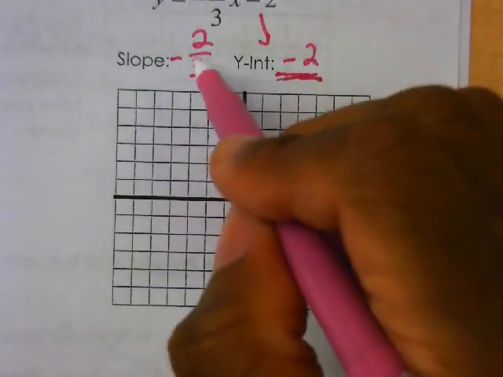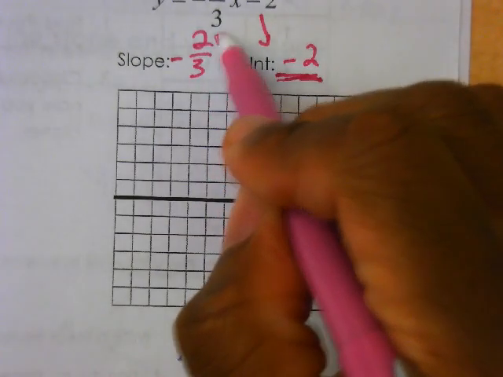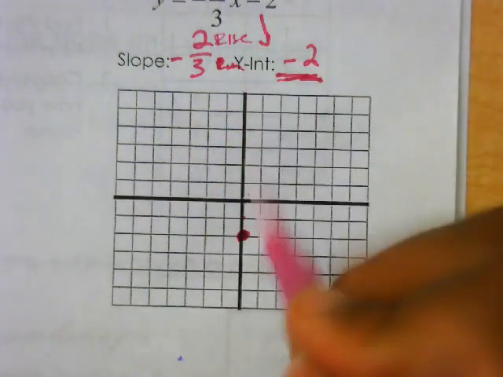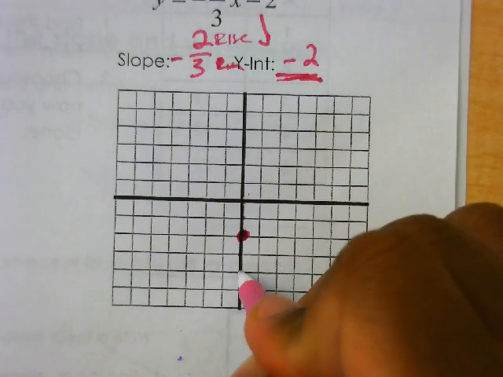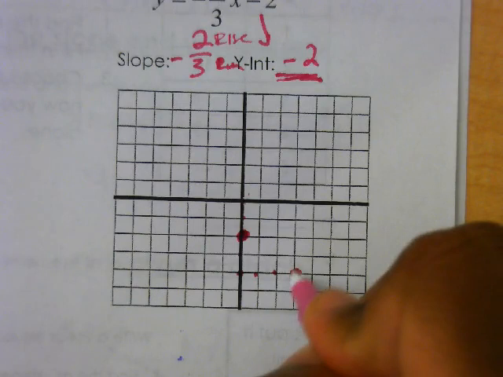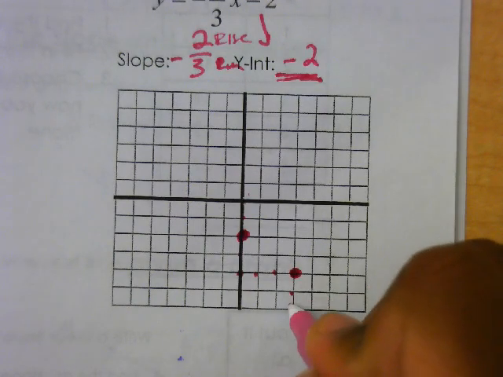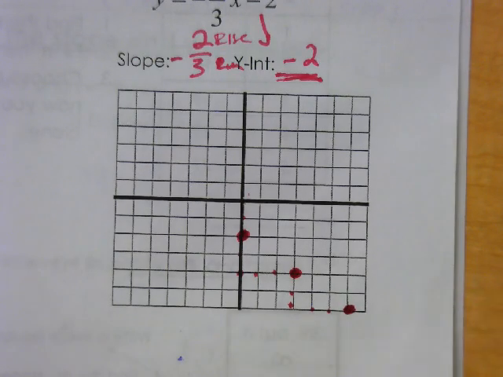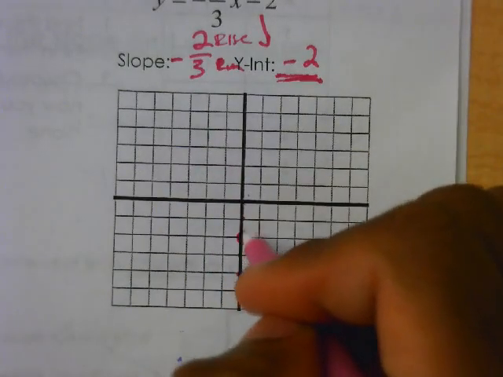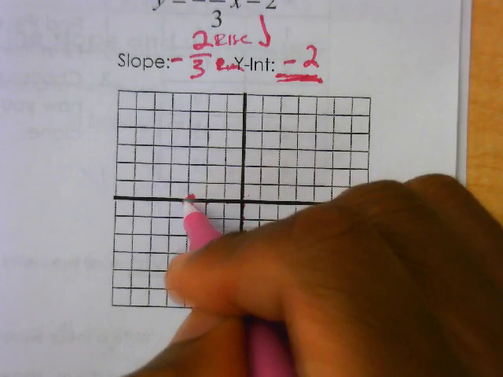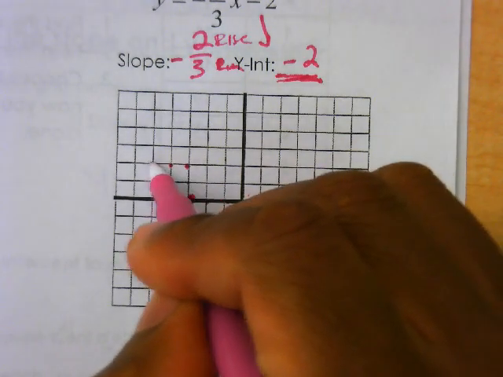Since my slope is negative, this is my rise, and this is my run. I'm going to go down 1, 2, and then to the right, 1, 2, 3. To make it a complete line, I can go the other way as well. I can go up 1, 2, and then go 1, 2, 3.